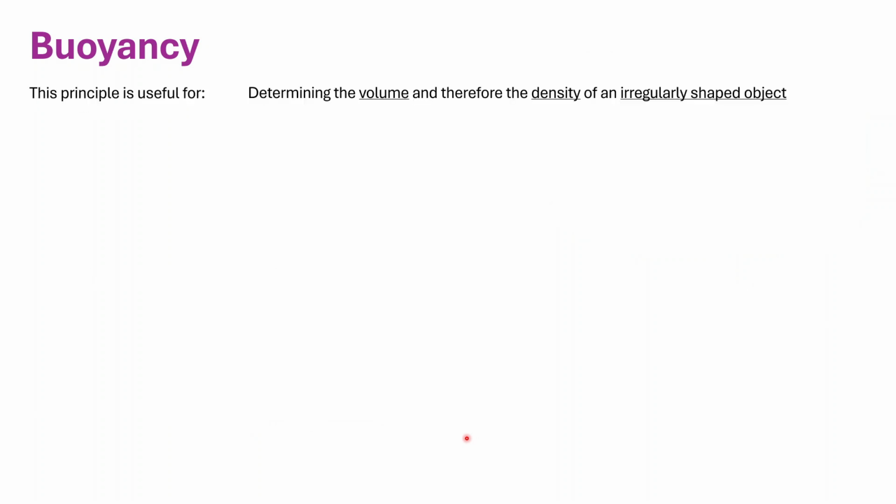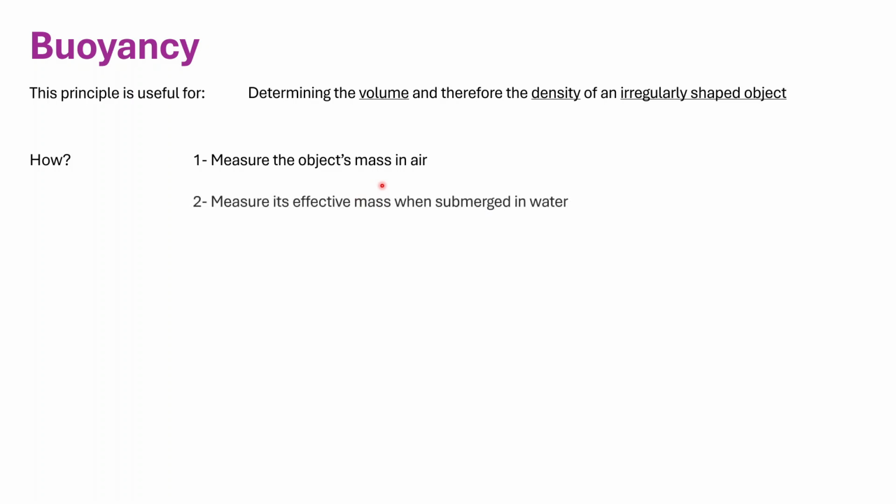This principle is useful for determining the volume and therefore the density of irregularly shaped objects. But how? First, we have to measure the object's mass in air. Second, we have to measure its effective mass when submerged in water.